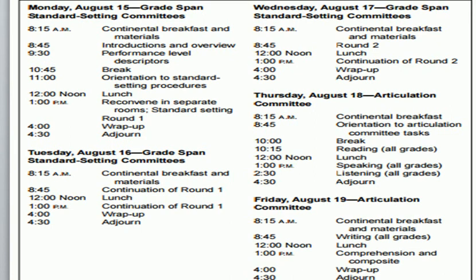So this was the chart or table of training of participants, 5 days for vertically moderated standard setting.